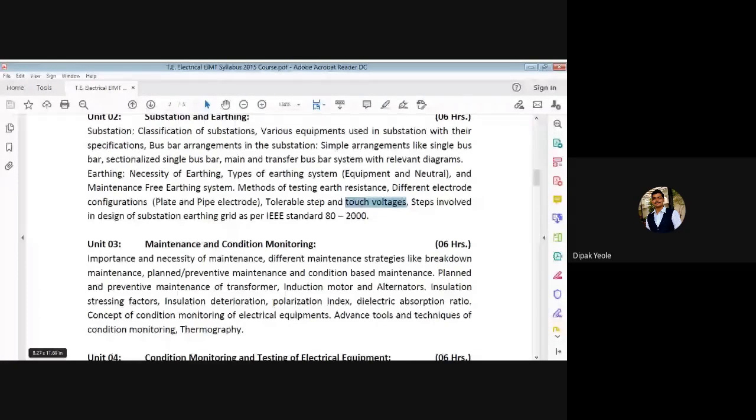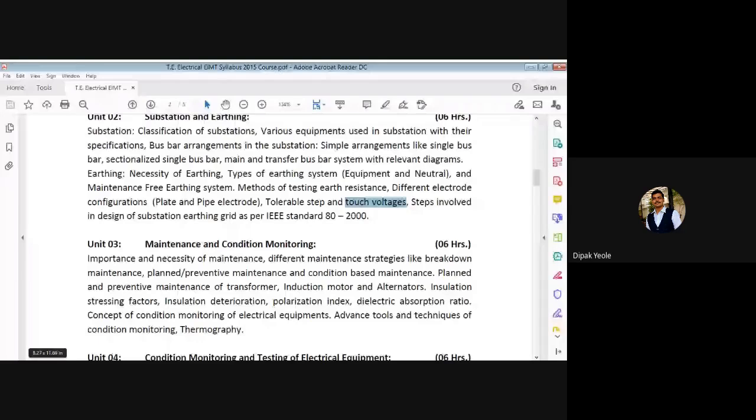As we go to the outer side of that 11 kilovolt point, we will get 10 kilovolt, 9, 7, 6, 5, 2, 1 kilovolt like this.